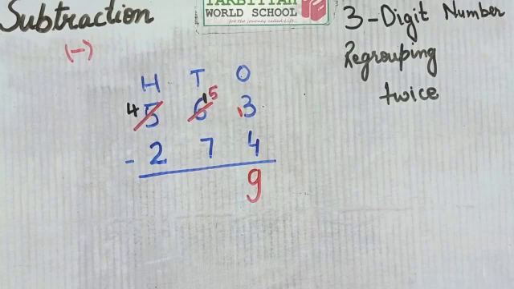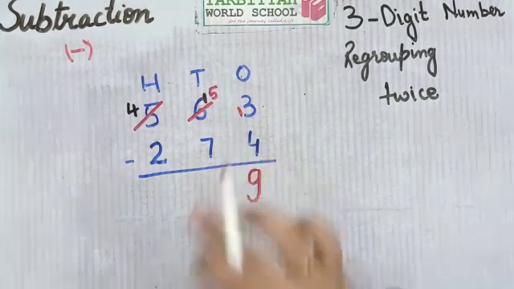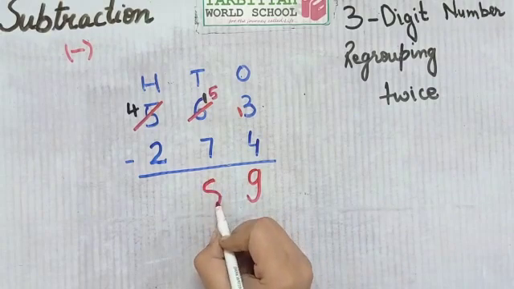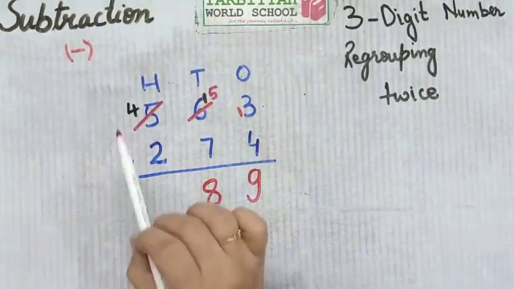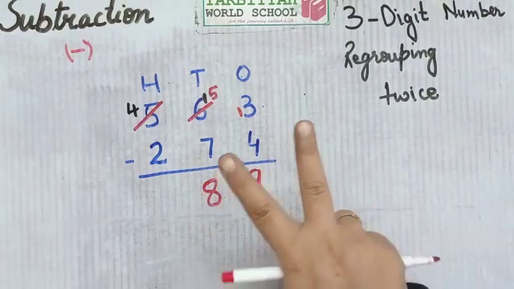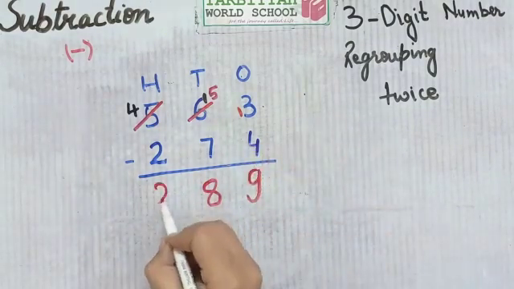So 15 minus 7 is what? 8. Very good. 4 minus 2 is 2.